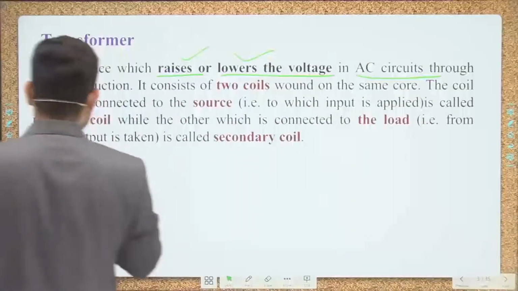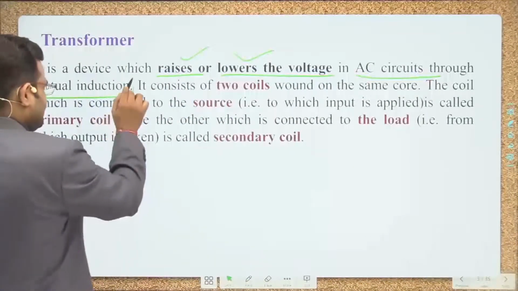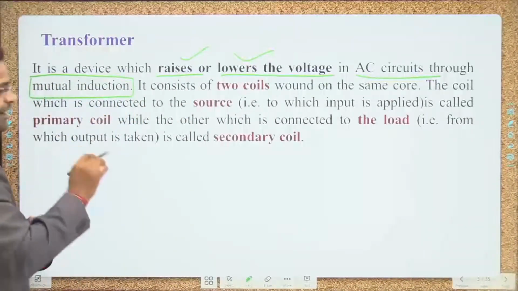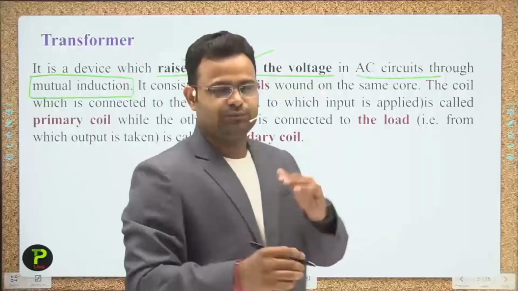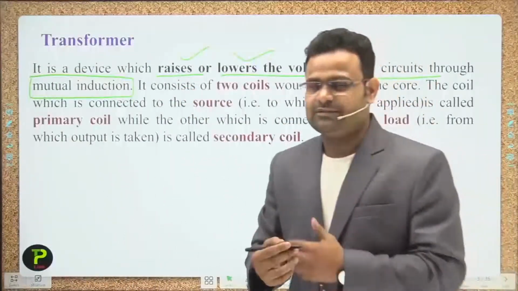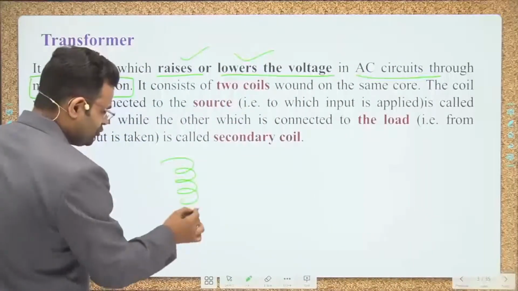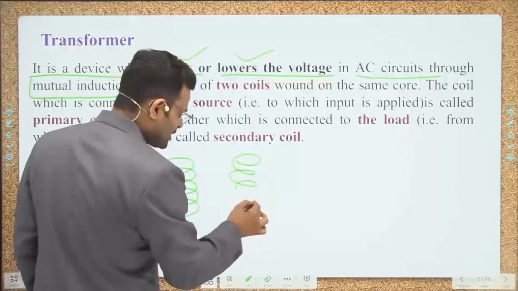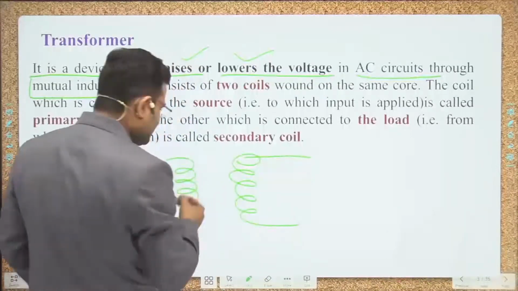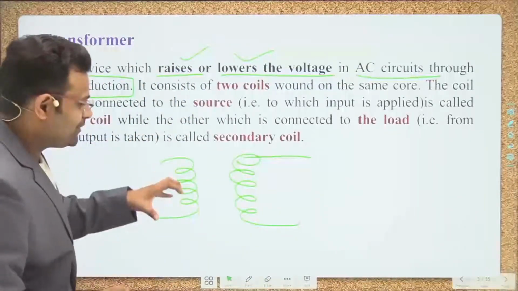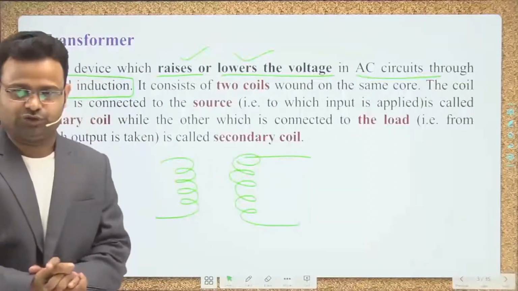It works on mutual induction. Here we are discussing only what mutual induction is. Mutual induction means that, suppose there is one coil and a second coil, then some potential is developed due to the mutual induction of both of them.